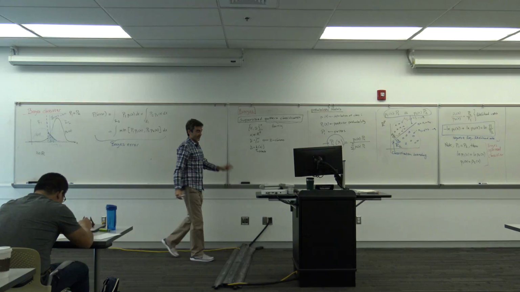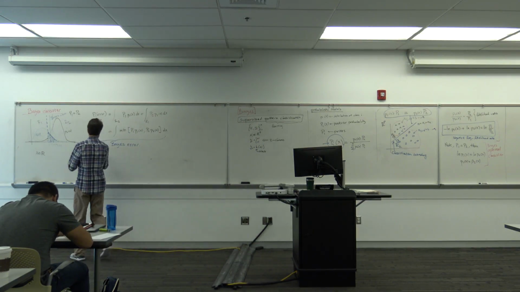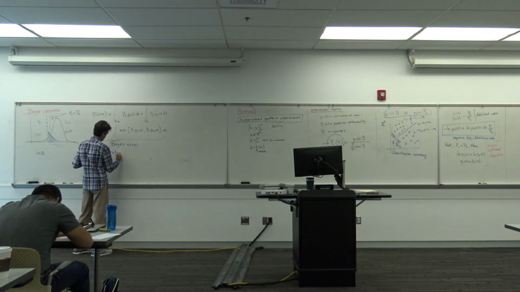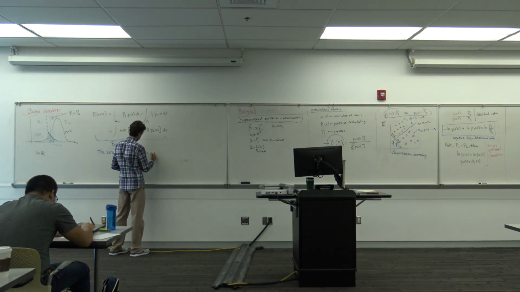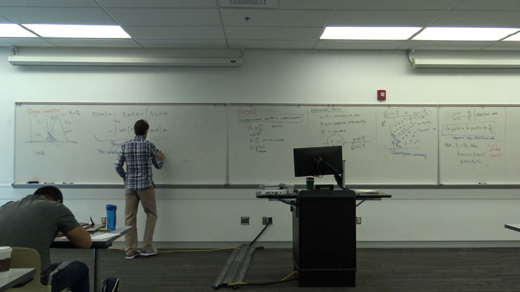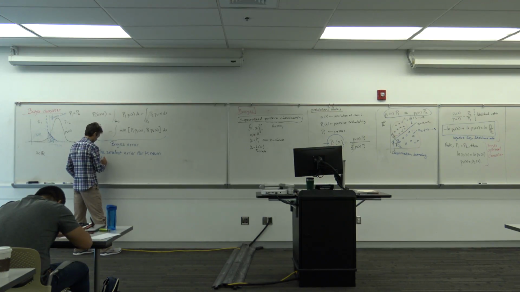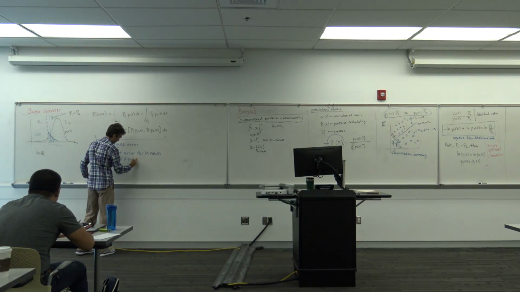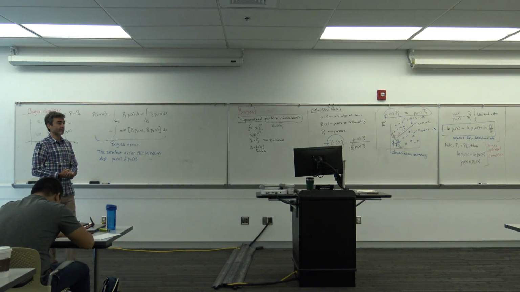And it's the smallest error that you can ever get for known distributions p1 of x and p2 of x. Yes? Does that hold for all distributions? Yes.